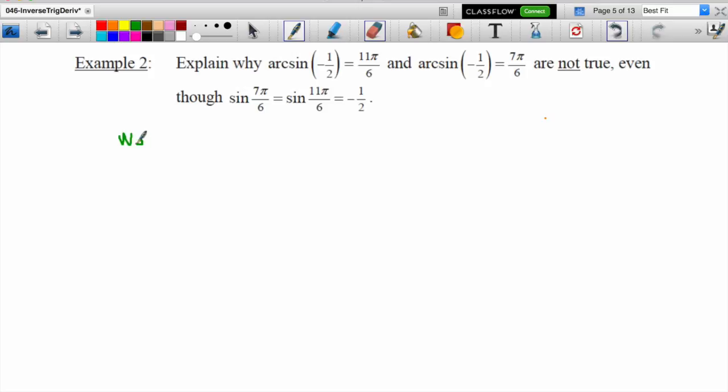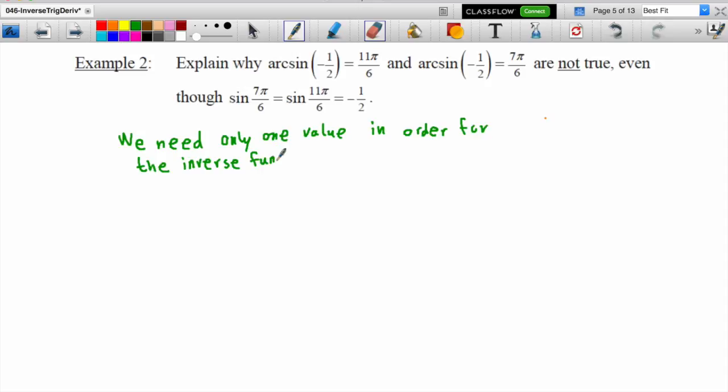We need only one value in order for the inverse function to exist.